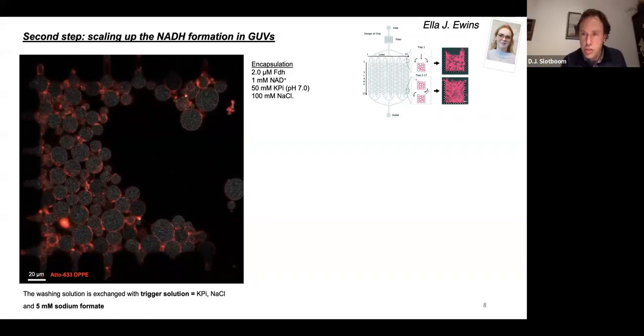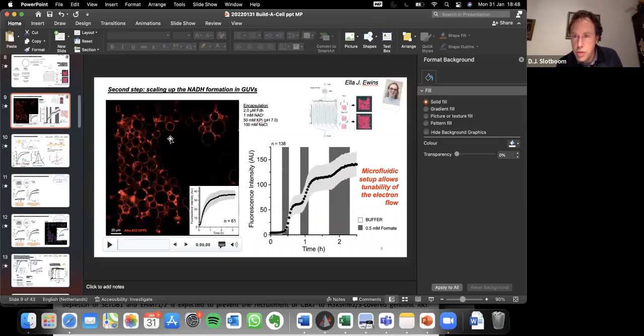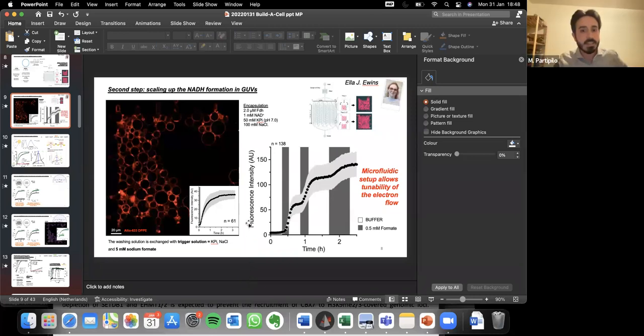Okay, then I move to the next one. There we have Brendan Mortage. Would the system also work with coacervates or other membraneless assemblies? Well, I think it depends on the level of permeability of these assemblies.